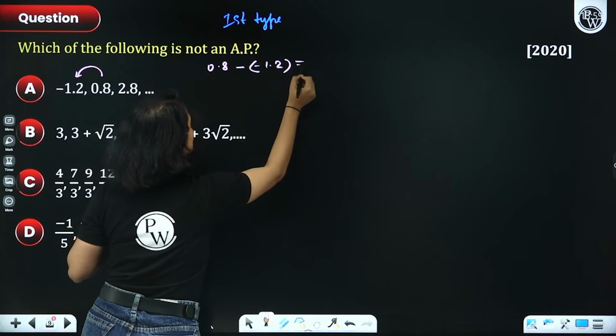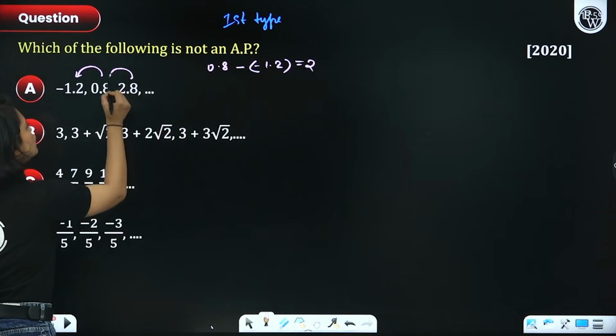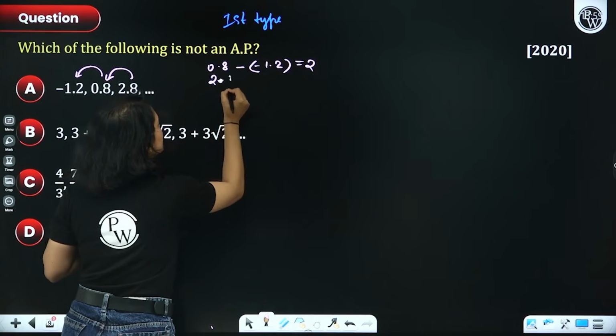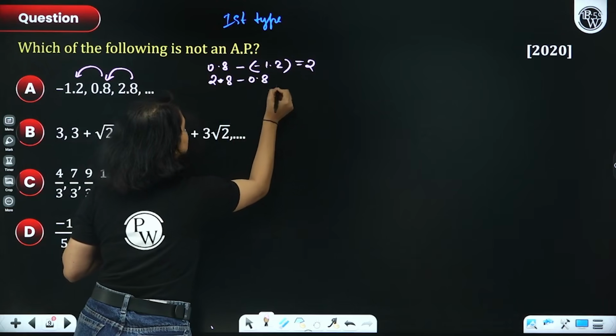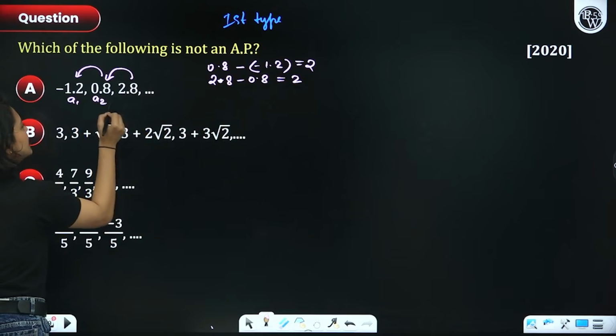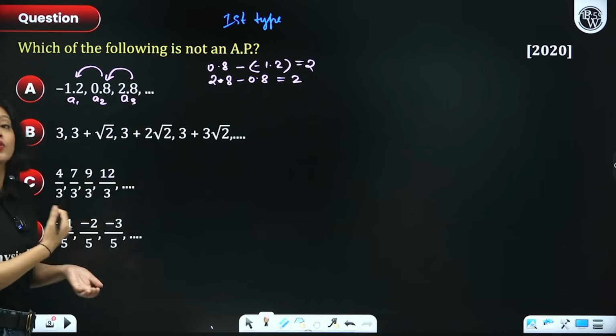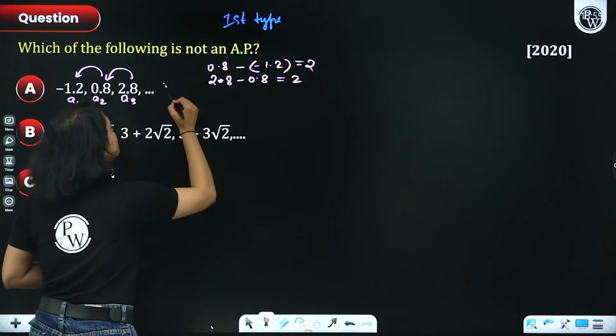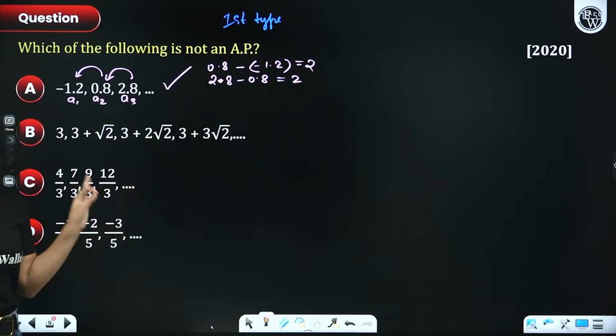That comes out to be 2, everyone. Right? Then you will figure out 2.8 minus 0.8. That also comes out to be 2. So we saw that A2 minus A1 is equal to A3 minus A2. So yes, since the common difference is the same in both cases, this here is an AP.